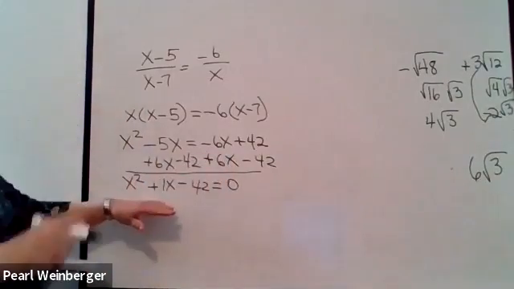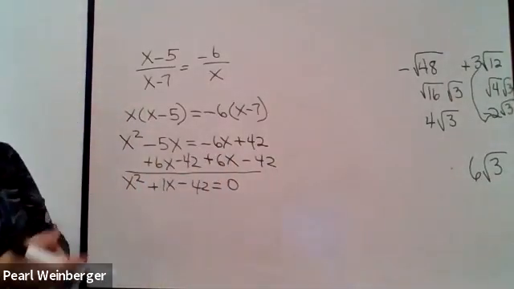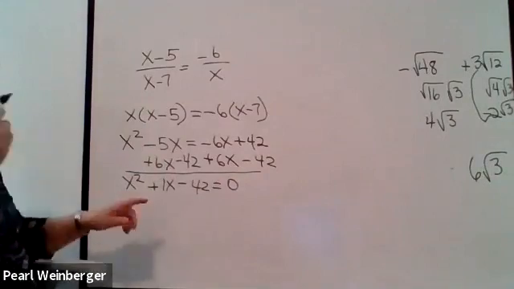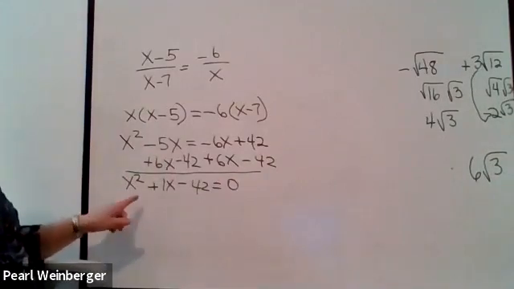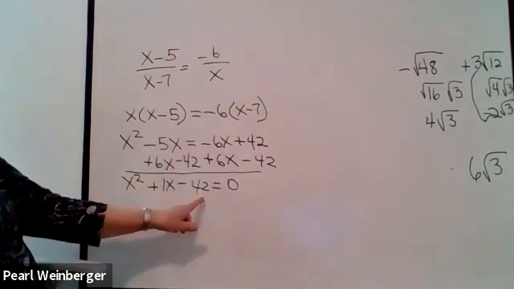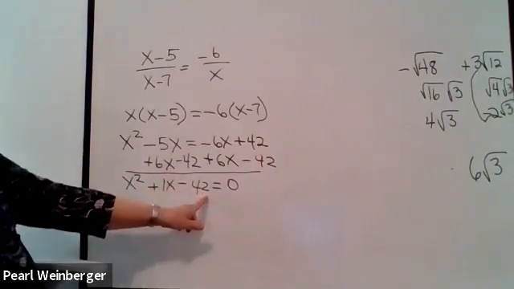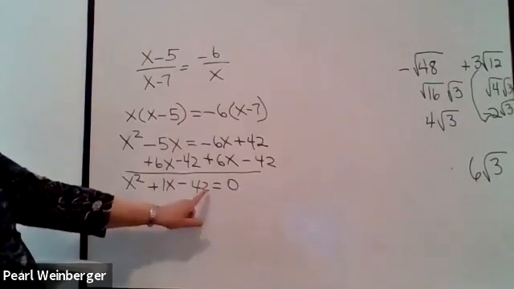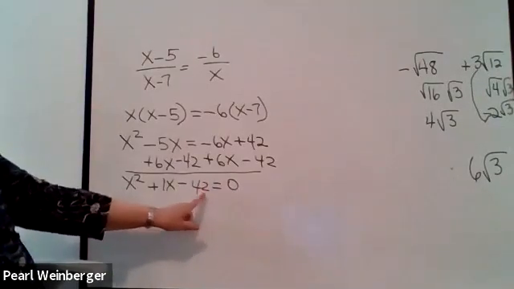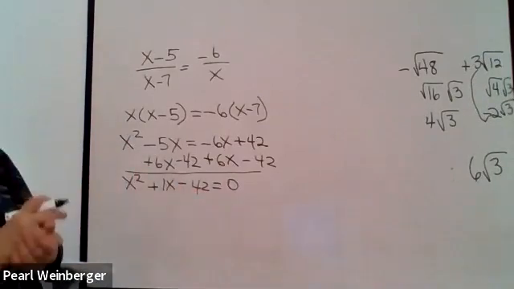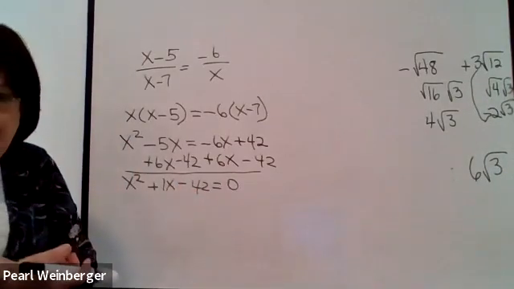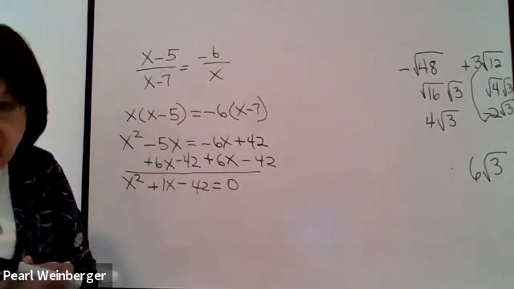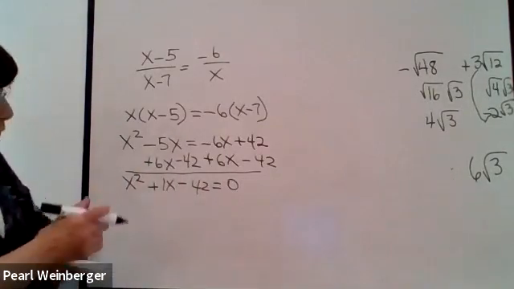And now I've got to factor, or if you prefer, you can use the quadratic formula. These are going to be factorable. I need to break up negative 42 into two numbers that multiply to 42, but when I subtract them, they give me 1. I guess everybody will realize it's 6 and 7, because 6 times 7 is 42.